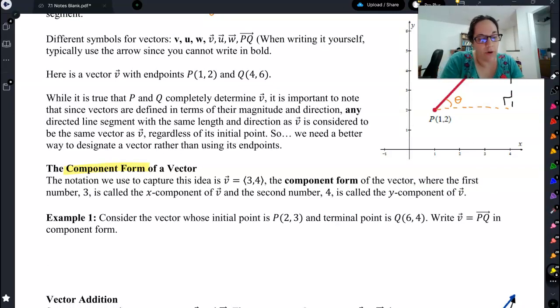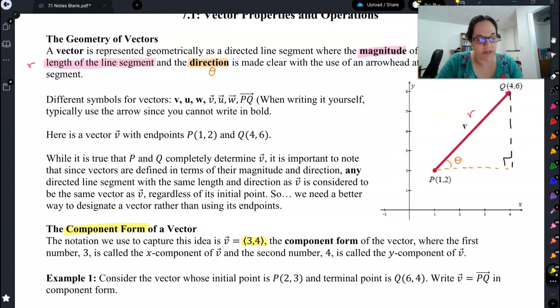The component form is written like this, where your first number is the x component of the vector, and the second number is the y component of the vector. So you can see up here on this vector, my x component, the x side of the vector, is 3 long, and my y side of the vector, the y component, is 4 long.